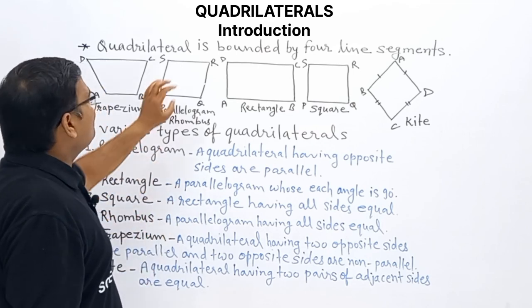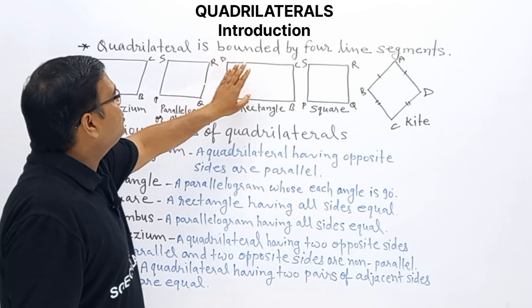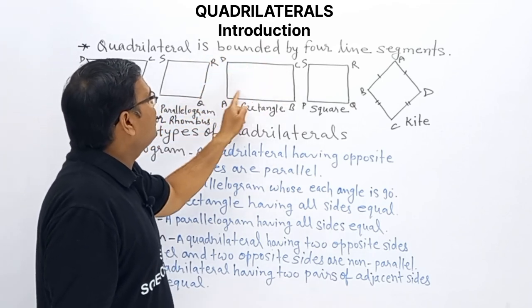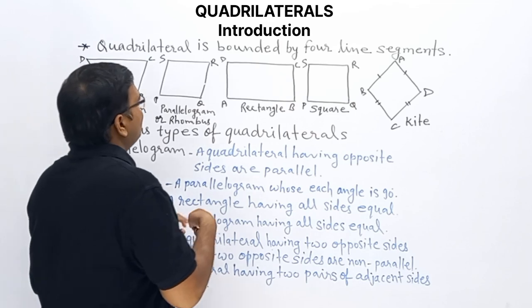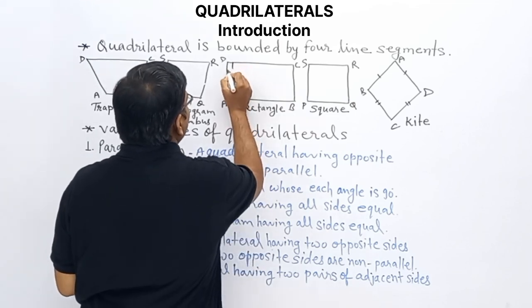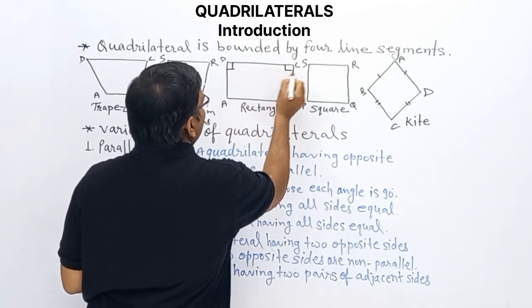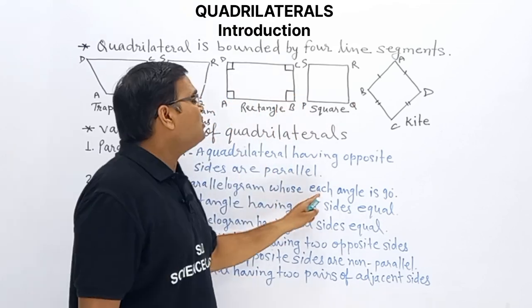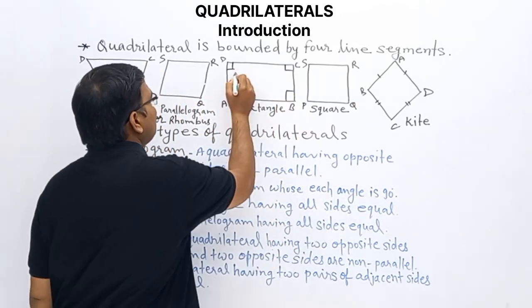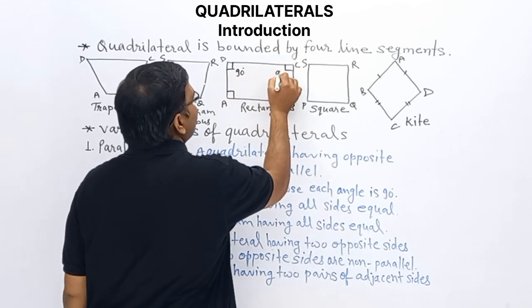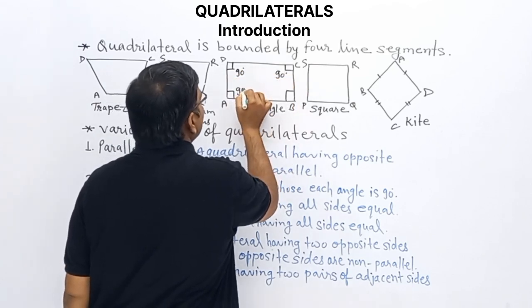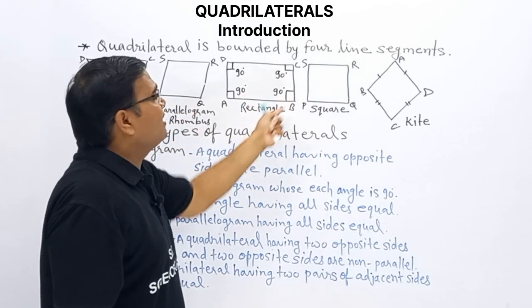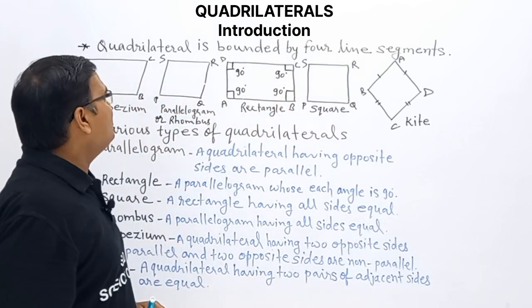A rectangle is a parallelogram whose each angle is 90 degrees. This one is 90 degrees, this one is 90 degrees, this one is also 90, and this one is also 90. Clear? Sum of all these angles will be 360. So what can we say?